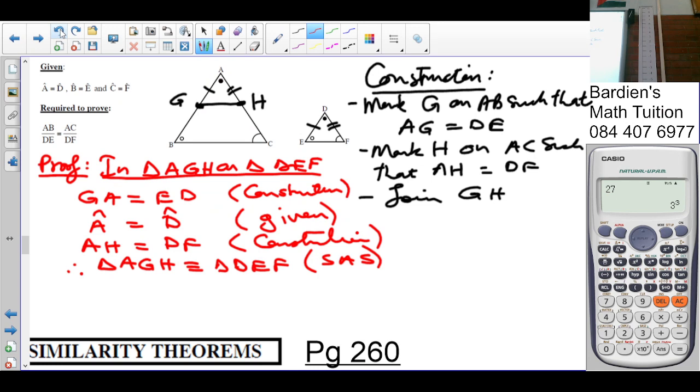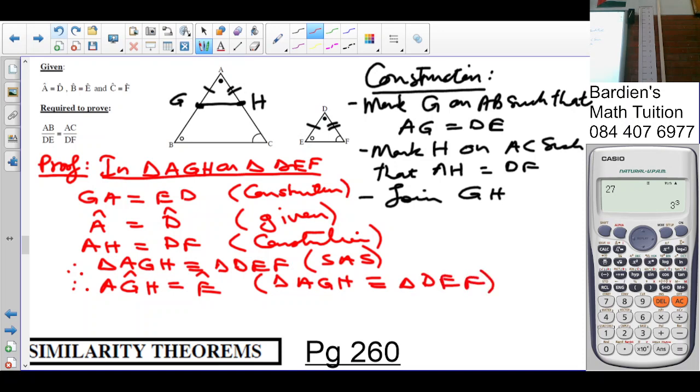So if we prove congruency, the two triangles are exactly the same size and the same shape. All the corresponding angles are equal and all the corresponding sides are equal. So we can say that angle AGH is equal to angle E. Why? Because triangle AGH is congruent to triangle DEF.